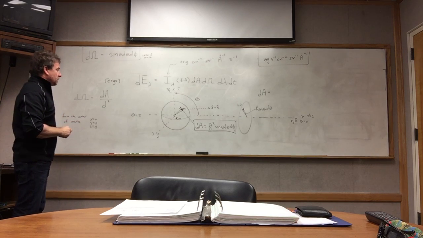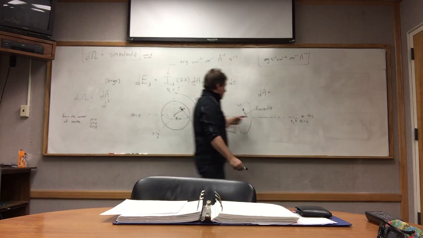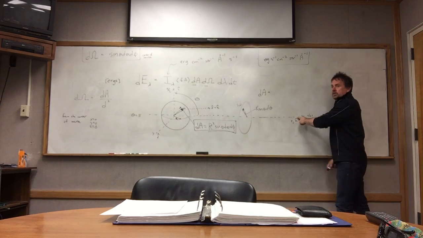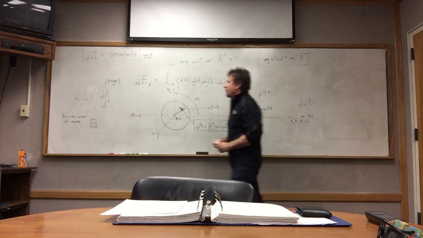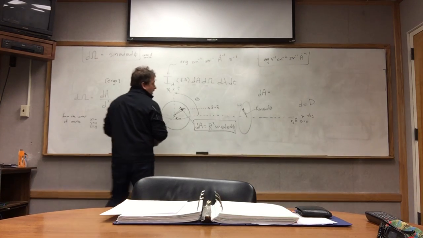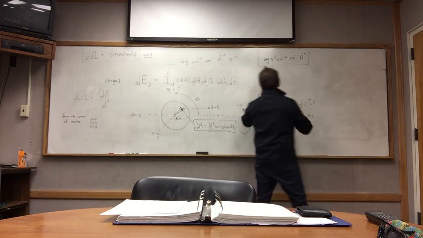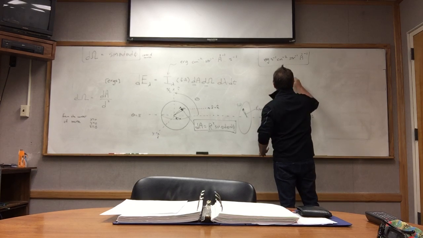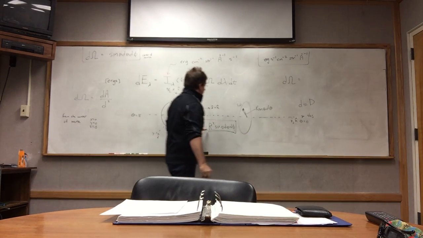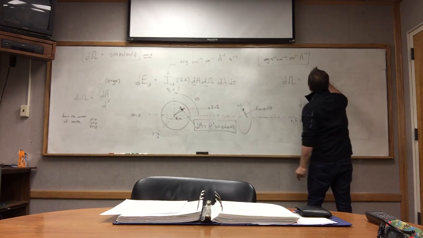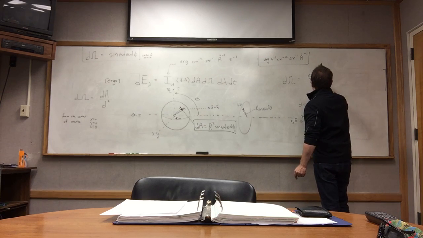Fine. Okay. What if you're out here at some distance, capital D? D observer. Well, in that case, d omega is equal to dA over D squared.